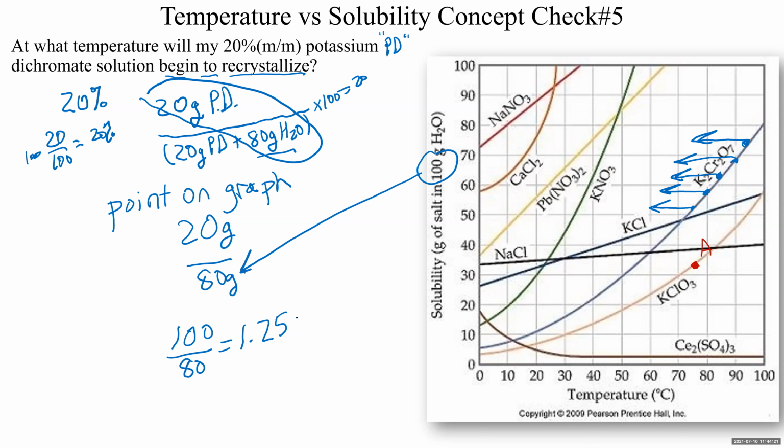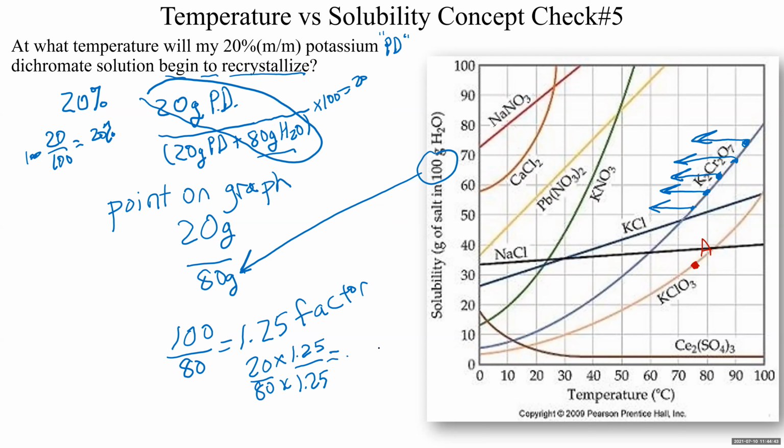That's my factor. In other words, in order to get some kind of number or ratio that I can relate to on the graph, I'll take my 20 over 80 and I'll multiply both the top and the bottom by 1.25. Remember, if I multiply the top and the bottom by the same number, I don't change my ratio.